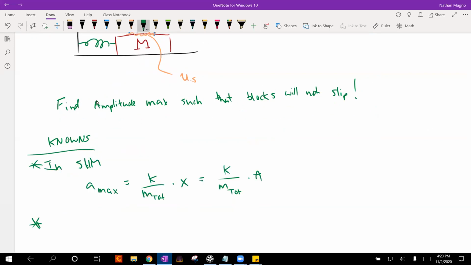if we don't want the blocks to slip, what do we have to know about the max acceleration? So I want to give everyone a minute to think about that. And if you don't understand my question, always feel free to let me know.